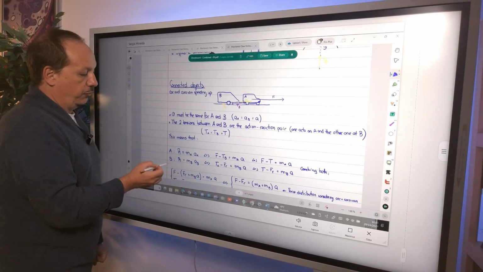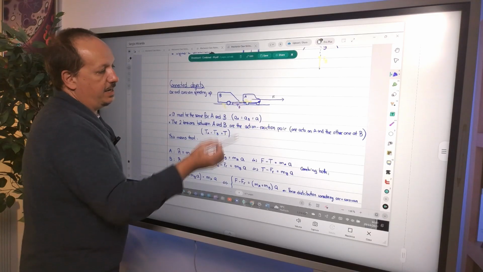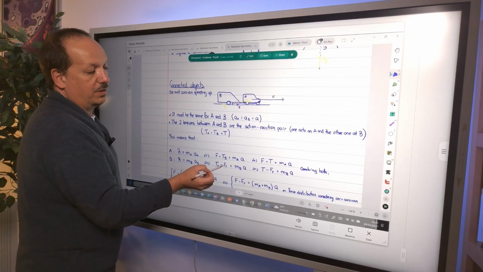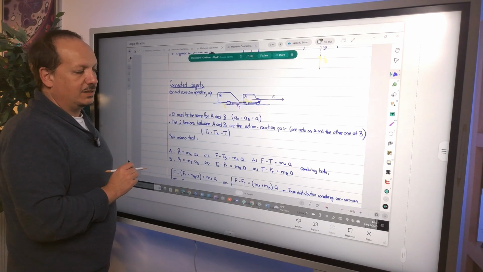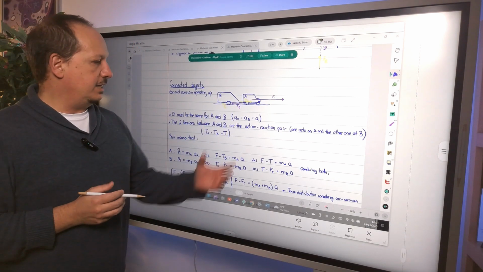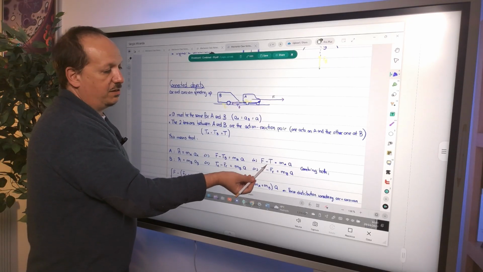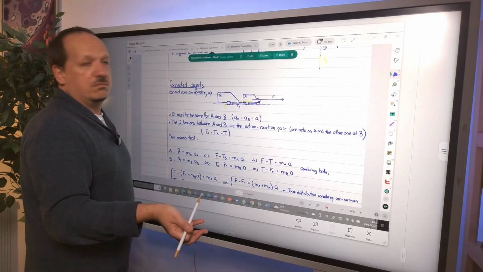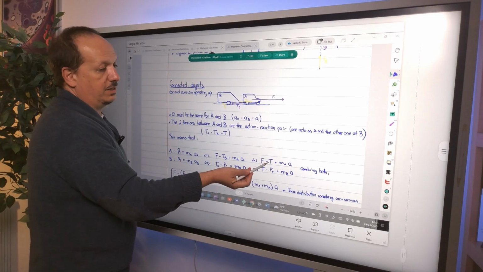So the resultant force of B is what? Is TA minus the friction, which equals the mass of B times the acceleration, right? Since these two tensions have the same magnitude, and I already put here the correct signs, the minuses here, I can just call it T, all right? They have the same magnitude, I just call T, all right?